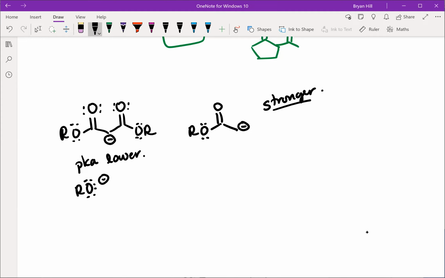The second advantage is because it's a stabilized anion, quite often the alkylation reaction has fewer side reactions. So for example, let's pretend that we've got something like this, and we're trying to do a substitution reaction.